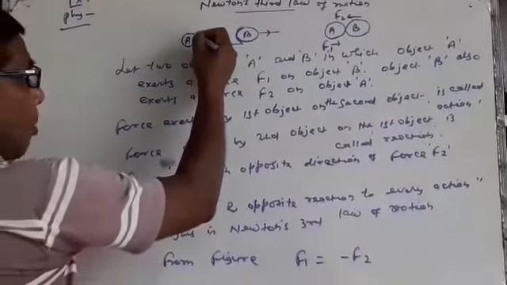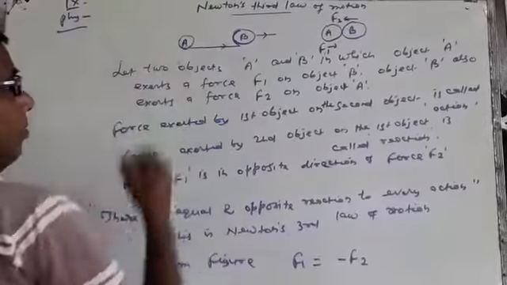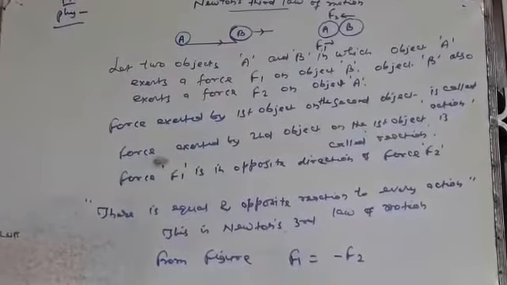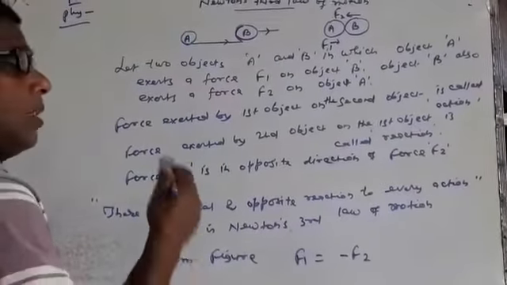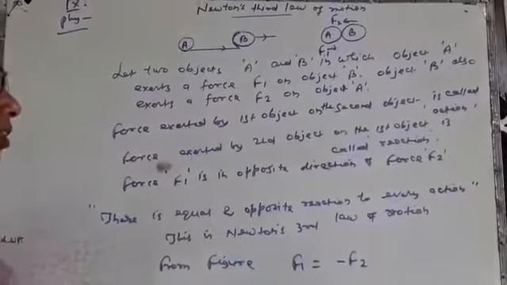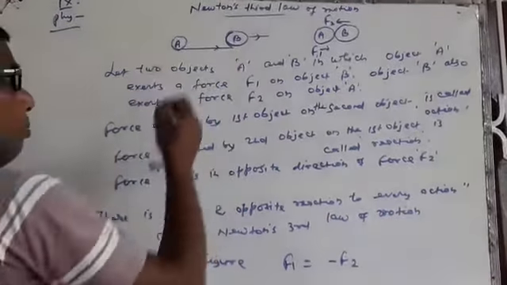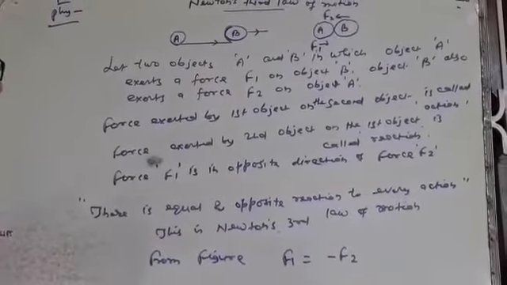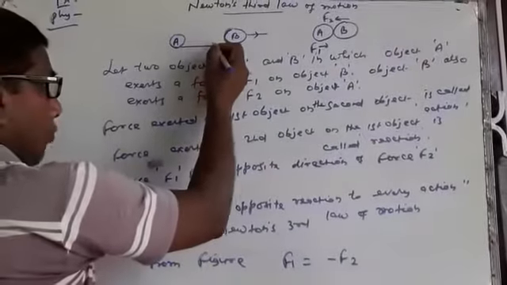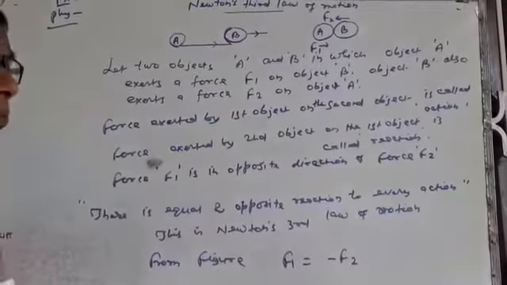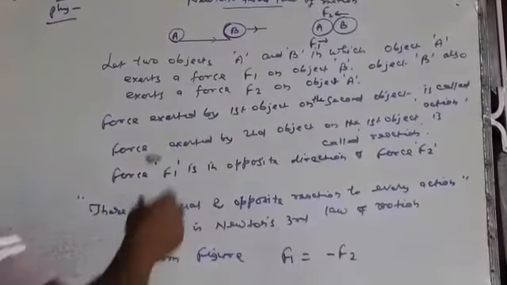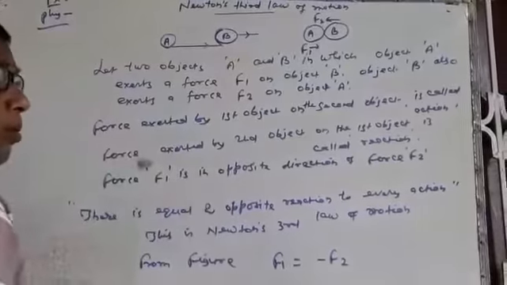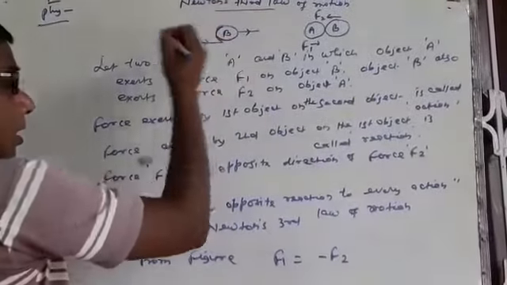Suppose that A and B are 2 objects. Both objects are moving in the same direction. If the speed of A is less than the speed of B, in such a condition there is no chance to collide with each other.